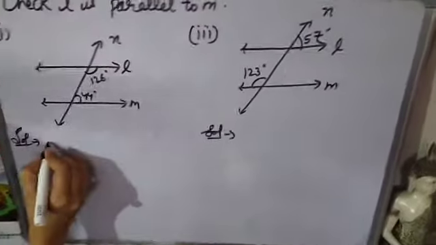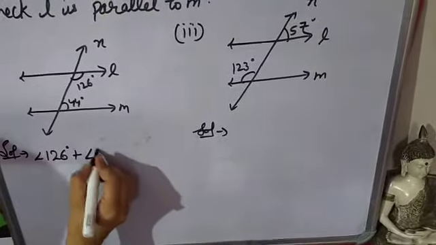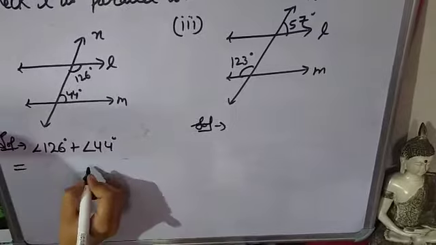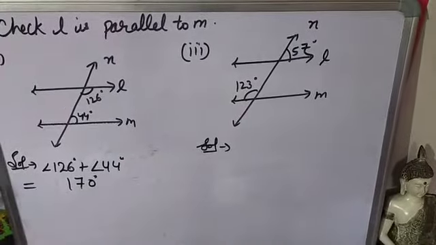We will write angle 126 degrees. We will add these both angles. So it is 170 degrees. It is not supplementary.